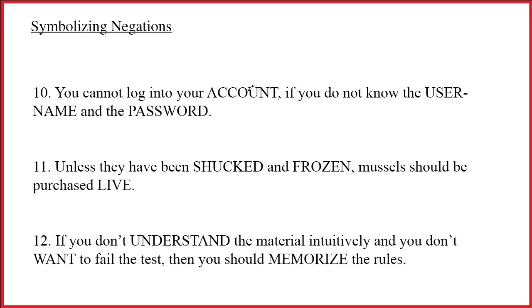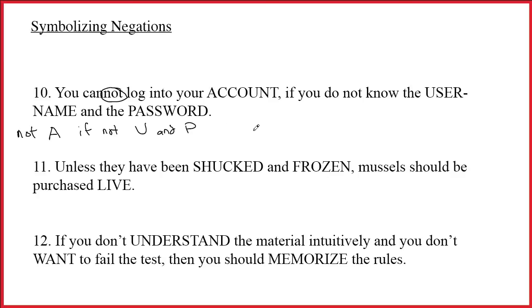You cannot log into your account if you don't know the username and the password. So if I rewrite this, all I'm going to say is, oops, I left off the not. Don't forget the nots. Not A, if not U and P. So, can't log into your account if you don't know the username and the password.